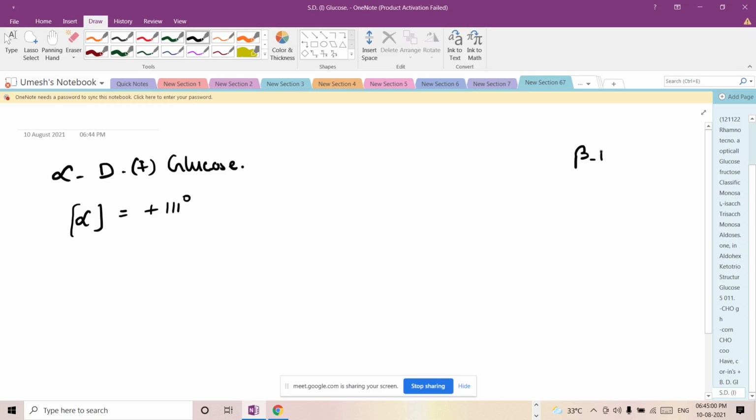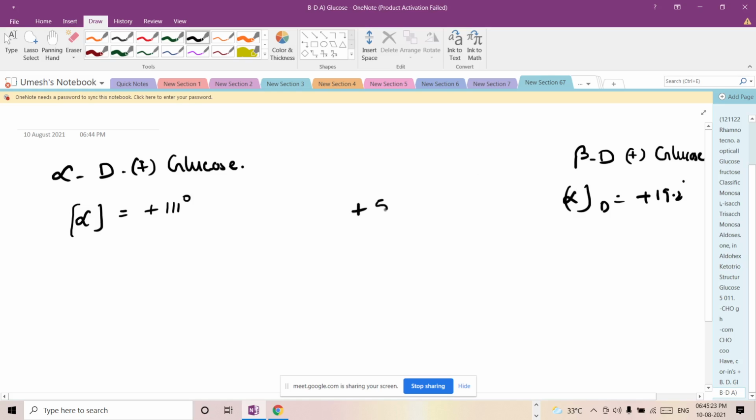The other I have is beta D plus glucose, with positive 19.2 degrees. If I make a solution and leave it for some time, after some time we find the rotation is 52.5 degrees.